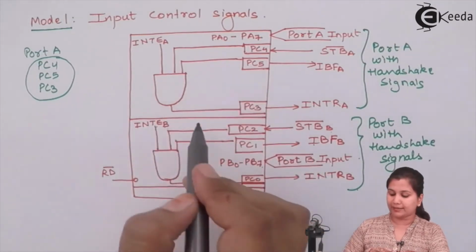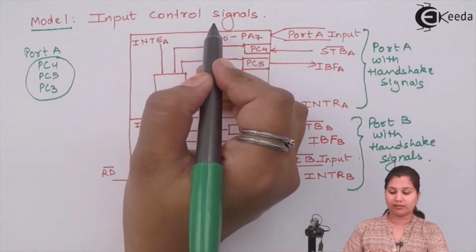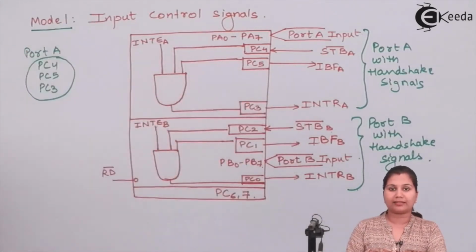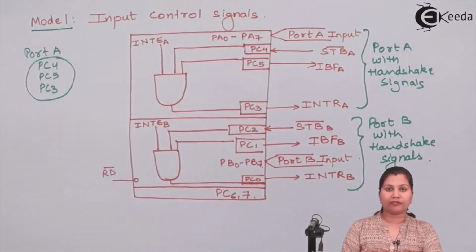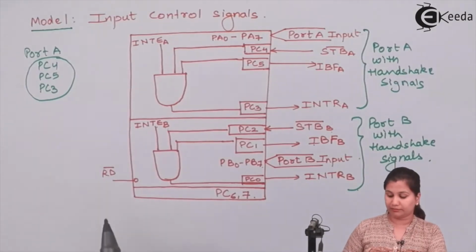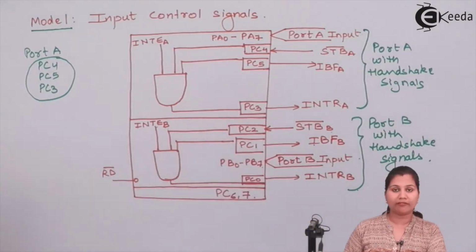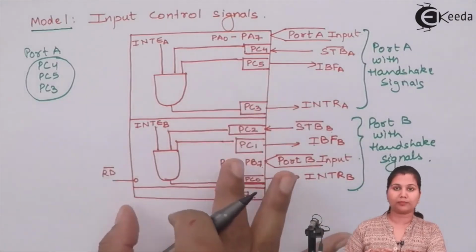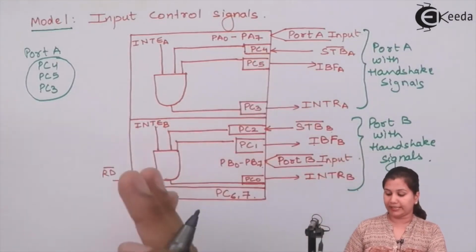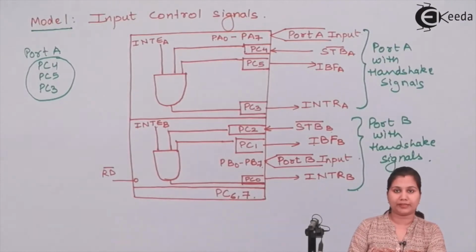Now these are the input control signals. Input means that the data available on these ports, port A and port B, is read by the microprocessor.